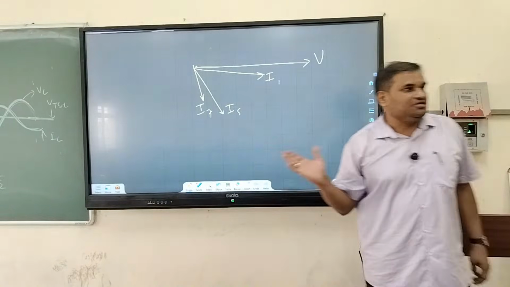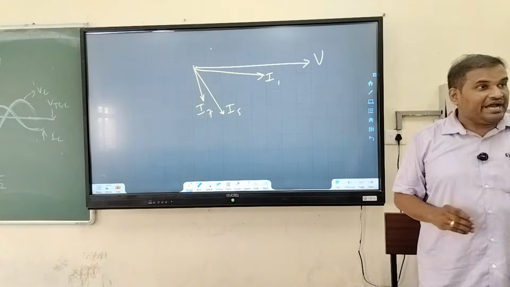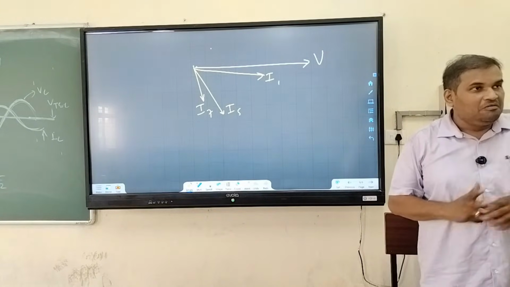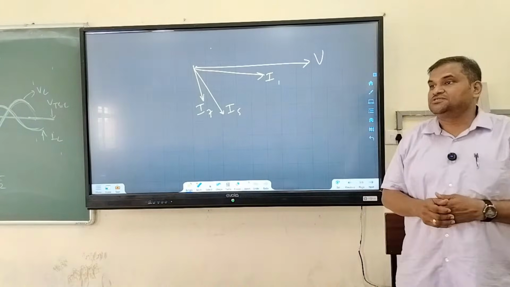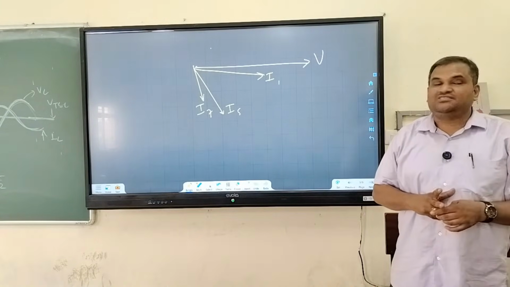It is lagging in nature. The magnitude of the current is decreasing, no doubt, but because of the lagging nature, it will draw more current from the source. So these harmonics are very dangerous.